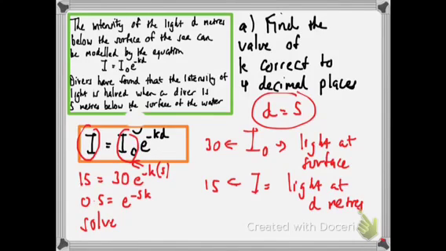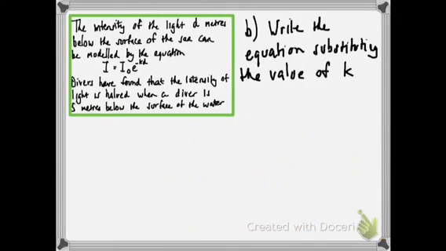Solve 0.5 equals e to the negative 5k, comma k. And that gives me a value of k of 0.1386. Now I've got to write the equation substituting the value of k.